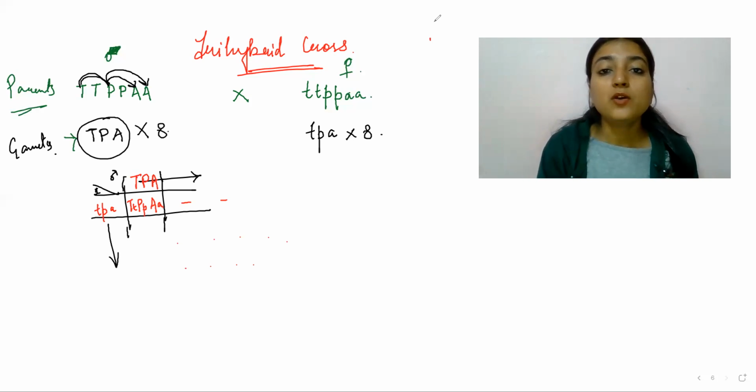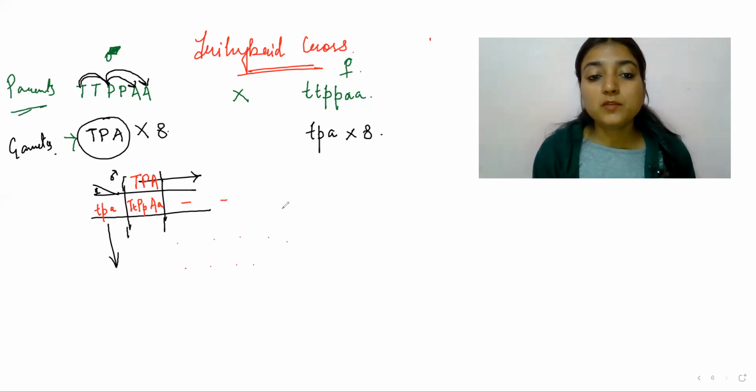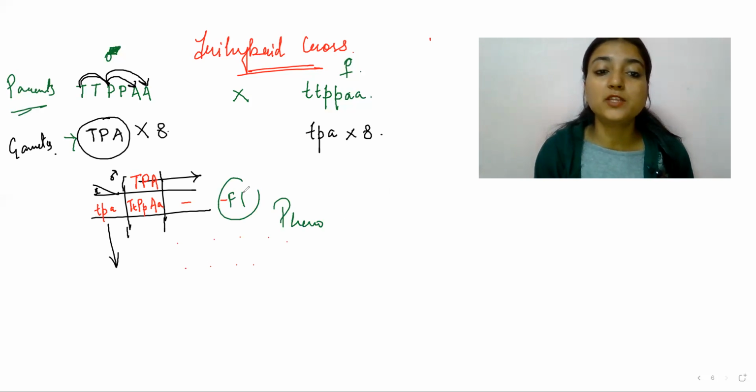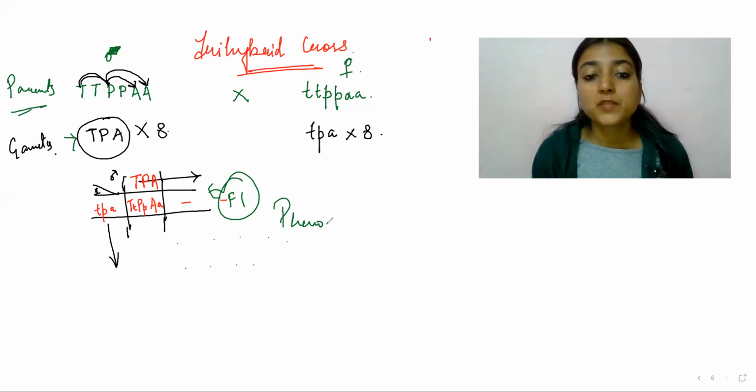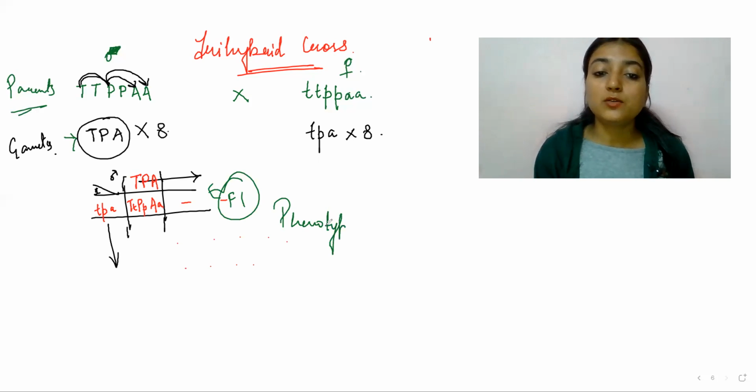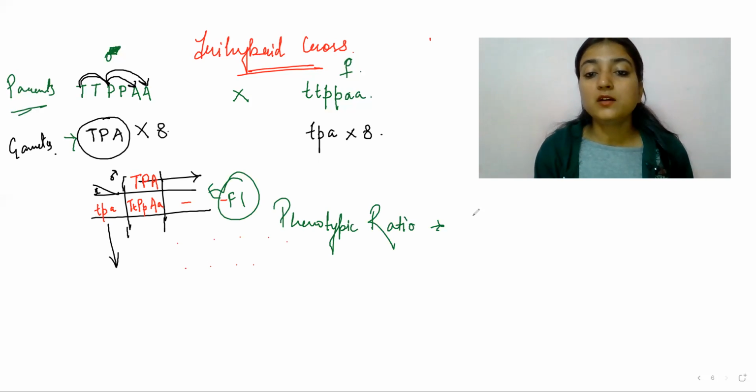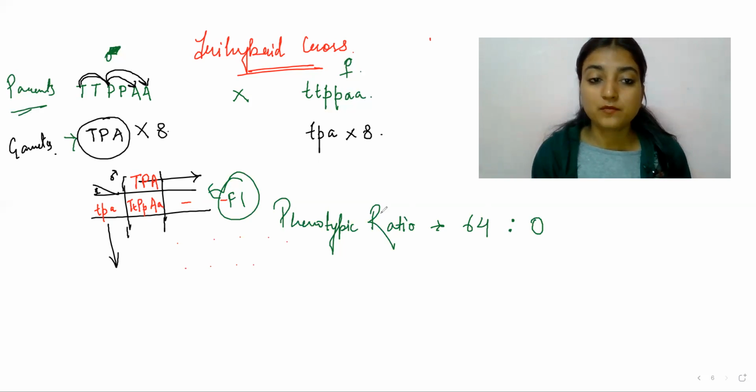Okay, so now we have to write the phenotypic ratio, and this will be the F1 generation table. So the phenotypic ratio will be here 64 because all of these will be the same. So 64 is to 0. Fine.